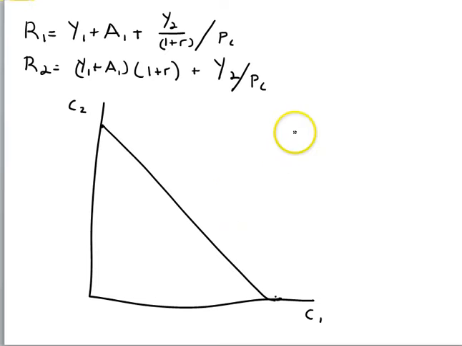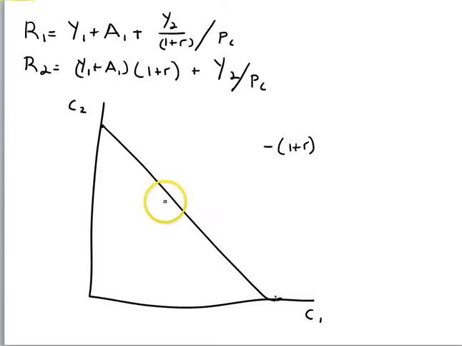Now remember, when prices are constant, that is, there's no subscript on the two prices, then the slope of the budget line is negative (1 plus r), which means the only thing to trade off in your consumption between year one and year two, aside from your preferences, is the price of money or the interest rate.